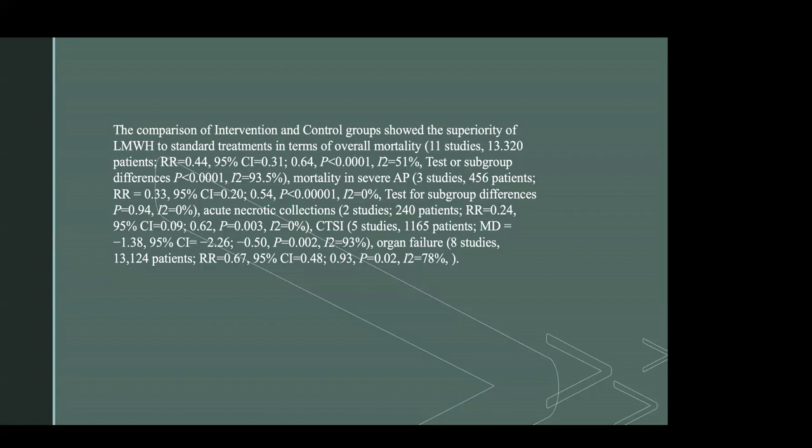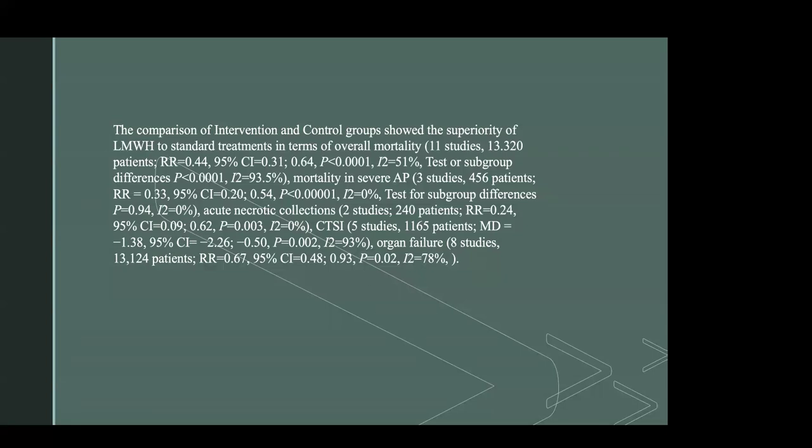This was indicated in 11 studies. For mortality in severe AP, again it showed a p-value of less than 0.05 and I2 was 0%. Even for the test for subgroup differences, they showed an I2 value of 0%.